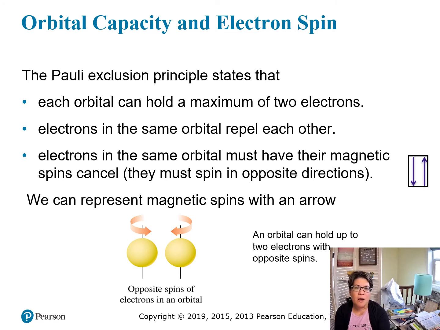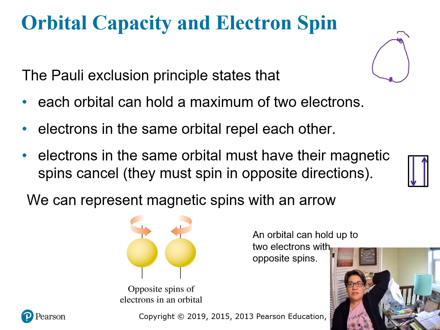One of them is called the Pauli exclusion principle. Each of these orbitals, like the s orbital, can only fit 2 electrons. So here's your s orbital. You can only fit 2. And we know that electrons repel each other, so these are both negative. They're going to repel each other. So if they are in the same orbital, they have to spin in opposite directions.